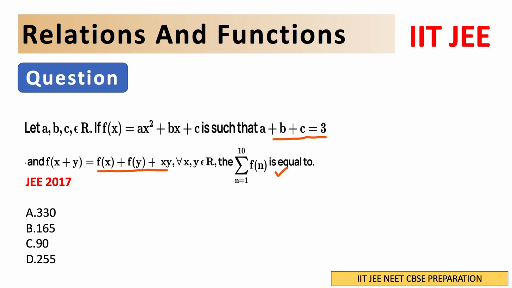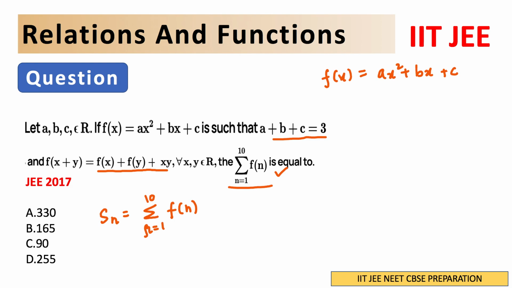So first of all, let us see what is given in the question. f(x) is given. This function is ax square plus bx plus c. And what we have to find? We have to find this. So let us say the summation S(n) is what we have to find, n is equal to 1 to 10 of f(n).